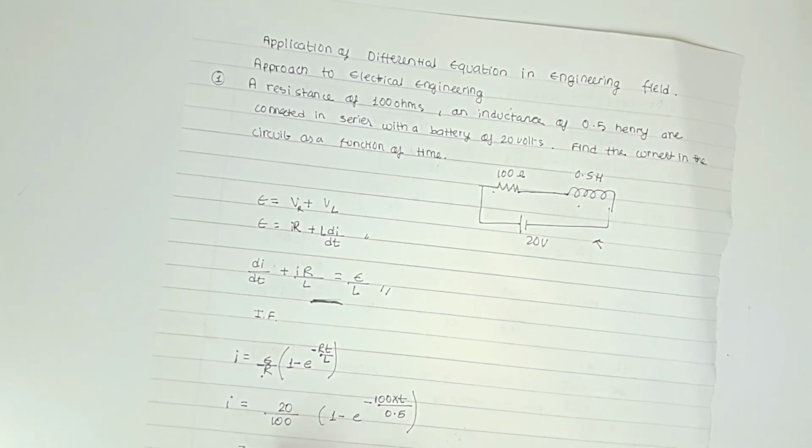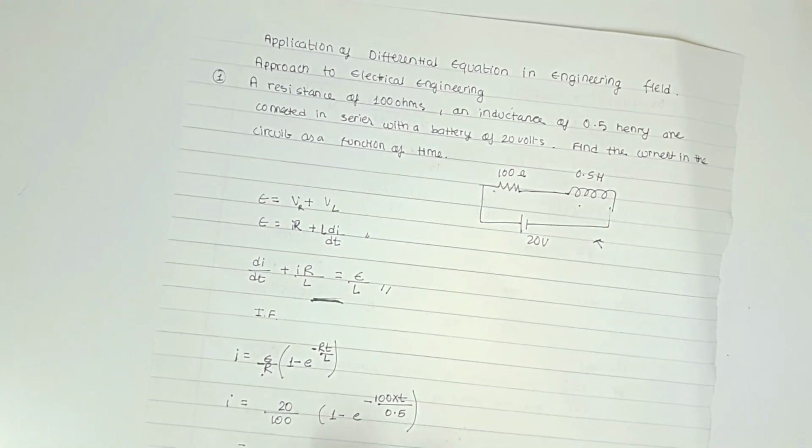which is 20 by 100, which is 1 by 5, and 1 minus e to the power minus 200 t, therefore I is equals to 1 by 5 into 1 minus e to the power minus 200 t ampere.